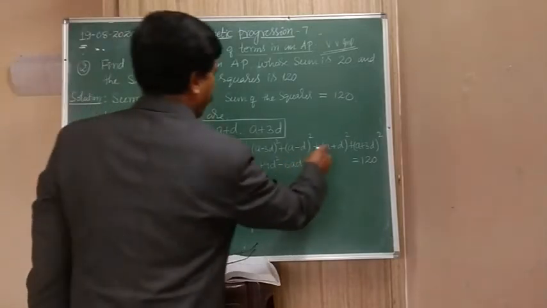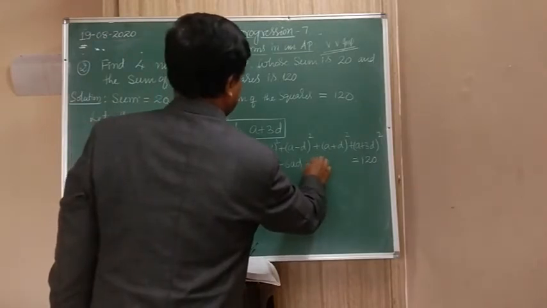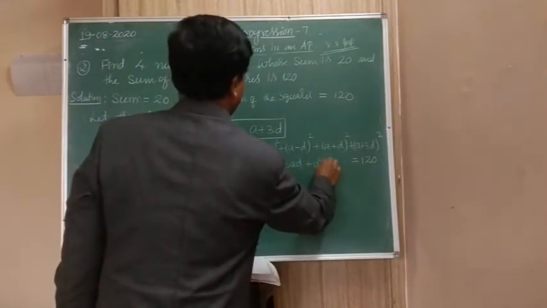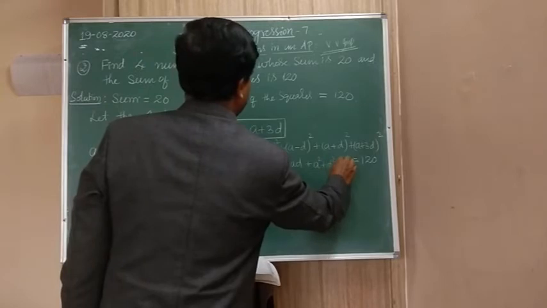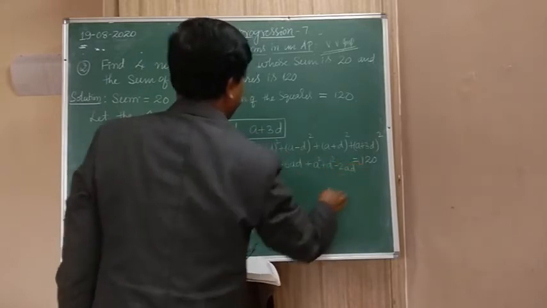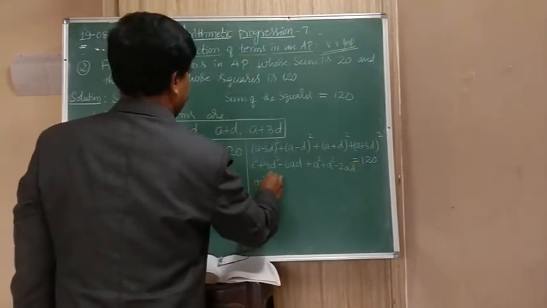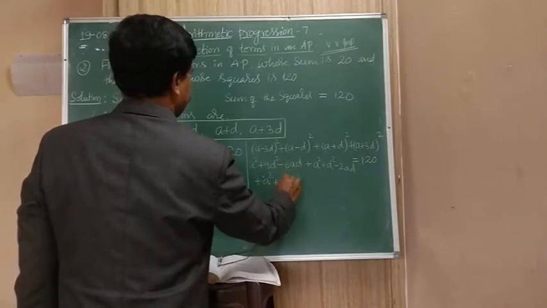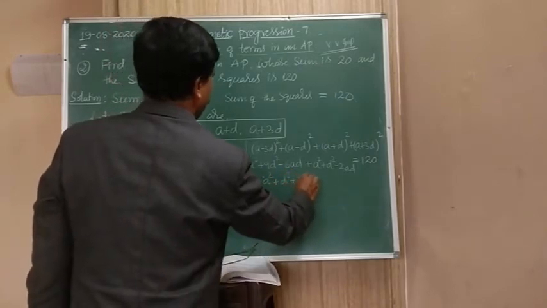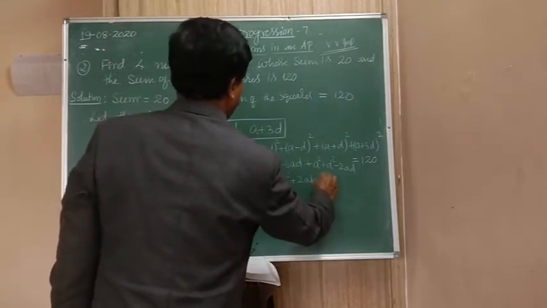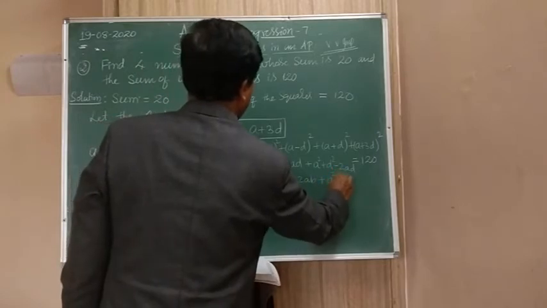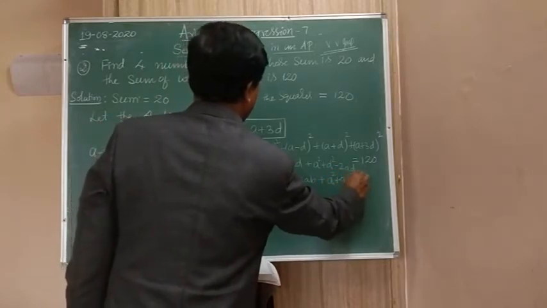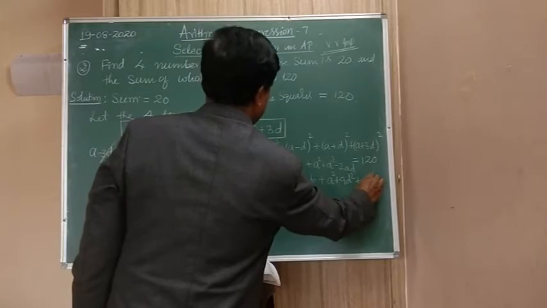Okay. Now, plus A square plus D square minus 2AD plus A square plus D square plus 2AD plus A square plus 9D square plus 6AD.